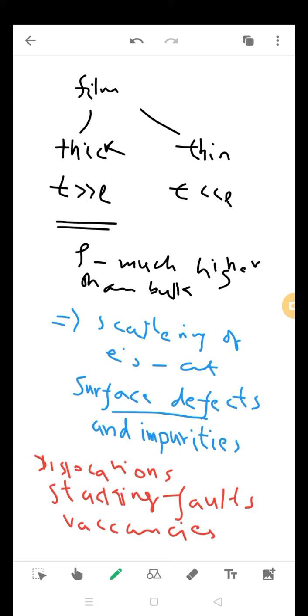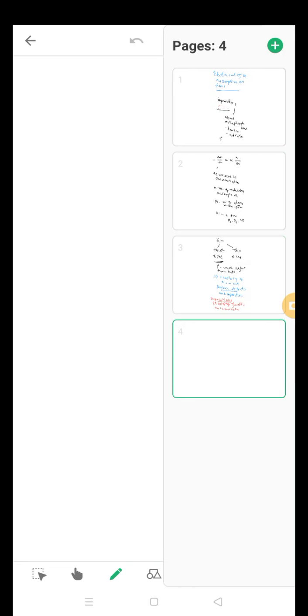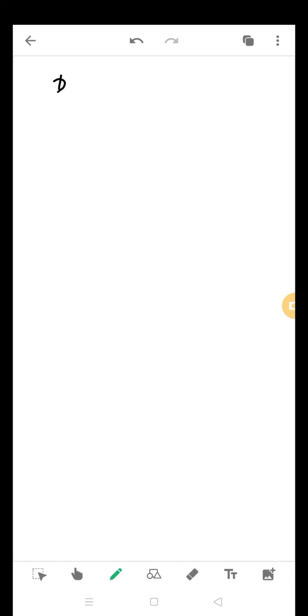But of these, dislocations are the most common, so we talk about dislocations in films.